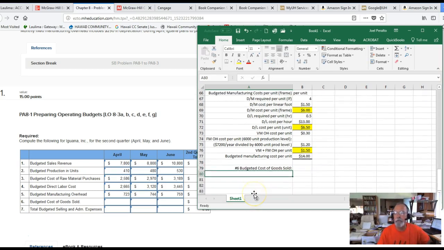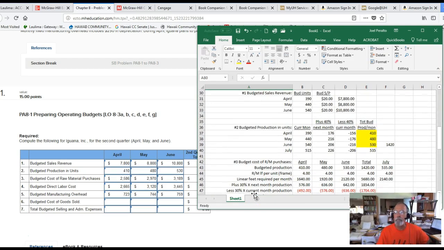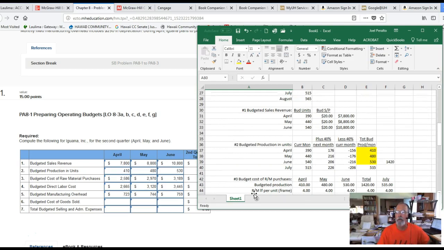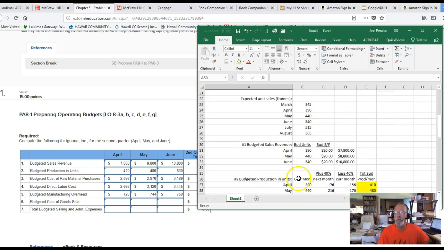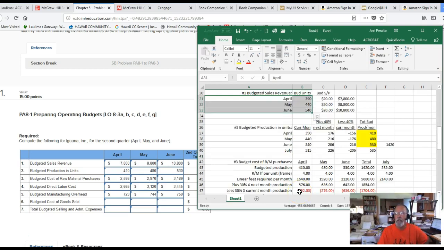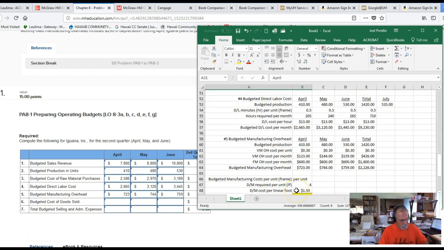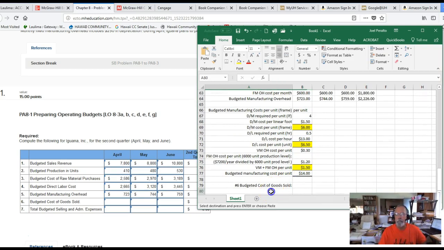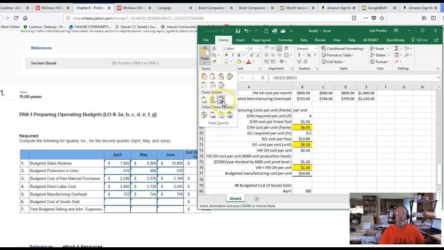So if we take budgeted sales in units, April, May, June. I should know how to do this, but paste, transpose.